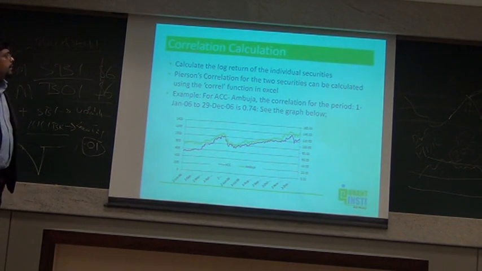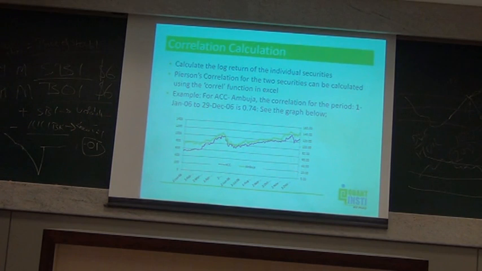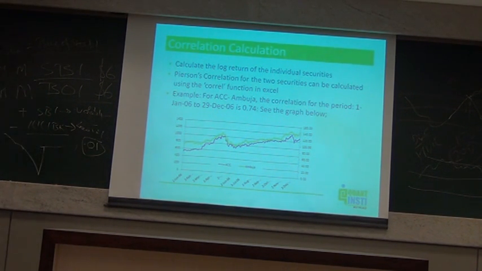Okay. So just to give you an idea about how we calculate correlation: calculate the log return of the individual securities. Any idea what we mean by log returns? We are asking you to calculate the log returns. That means log returns of the price of a stock, something like price of today divided by price of yesterday.